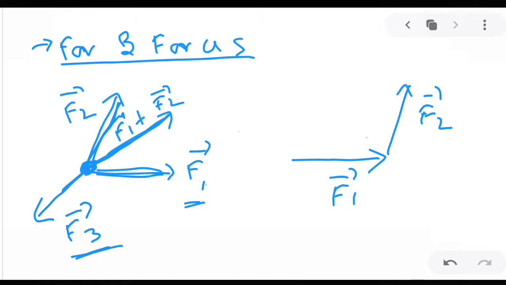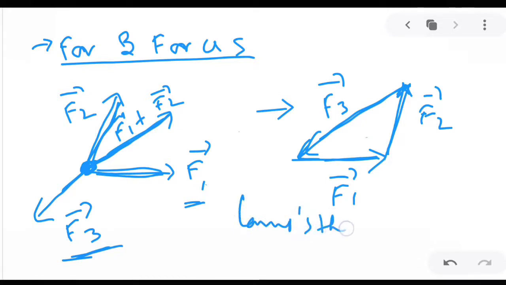That means the vector does not lose its magnitude or its direction. Now for F3, I am drawing it like this. If F1, F2, F3, these three vectors, are along the three sides of a triangle taken in the same order, here F1, F2 and F3 are in anti-clockwise direction, then the resultant will be 0. These things we have also seen in vectors, that is in Lami's theorem.